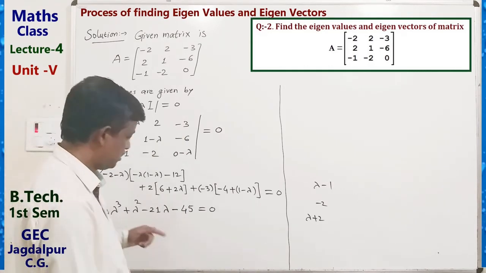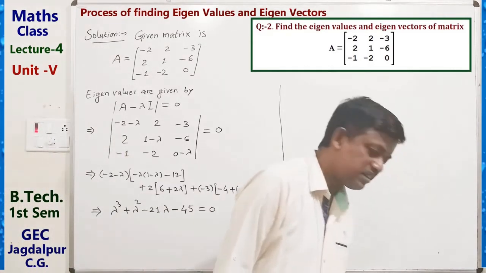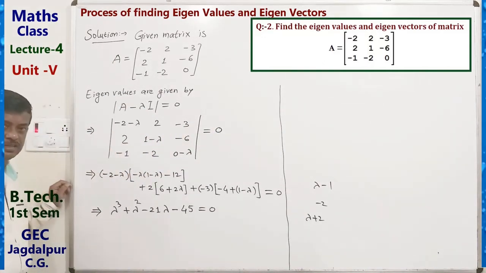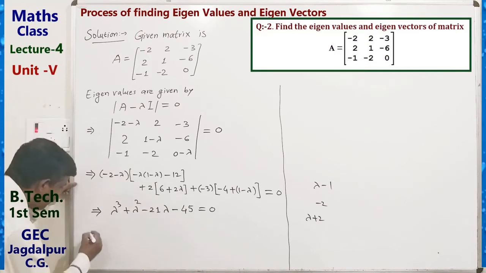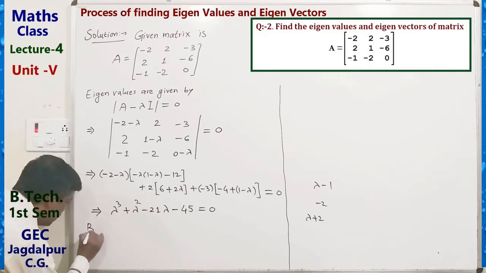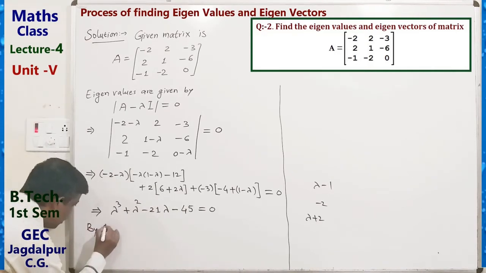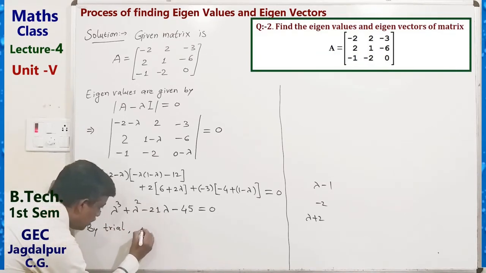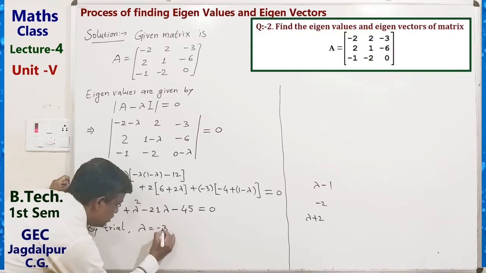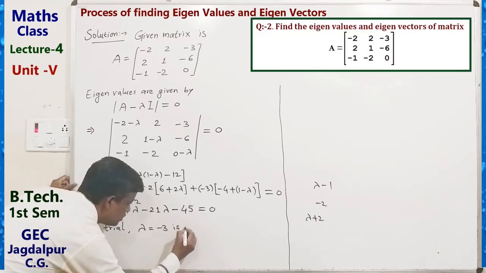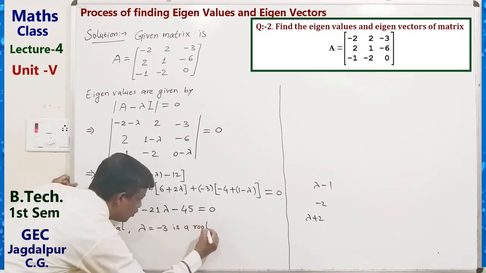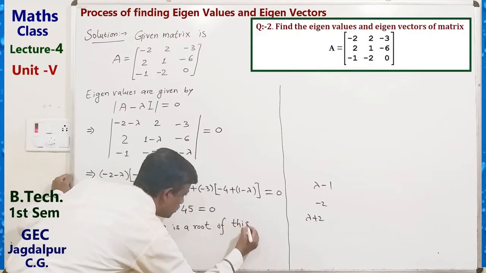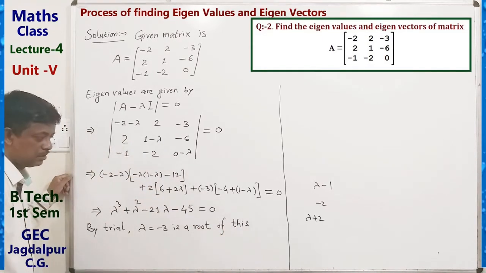So here, see, I think minus 3 is a root. By trial, minus 3 is a root. By trial, lambda equals minus 3 is a root of this equation.